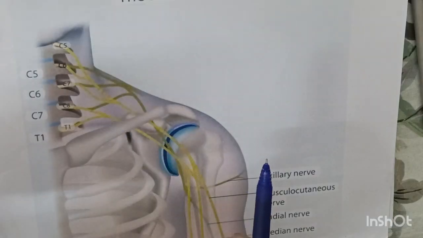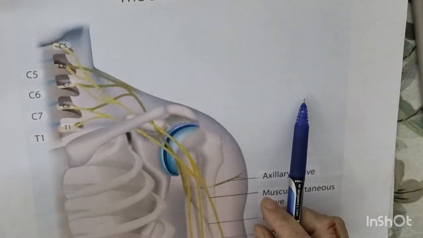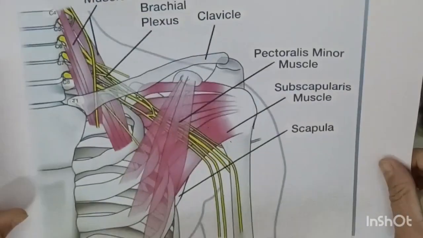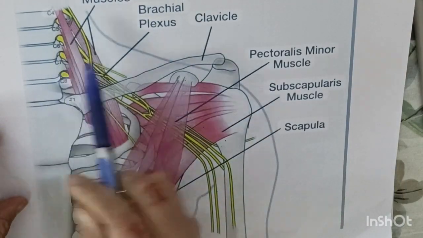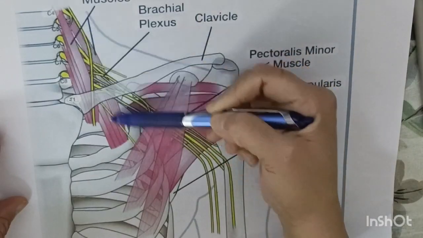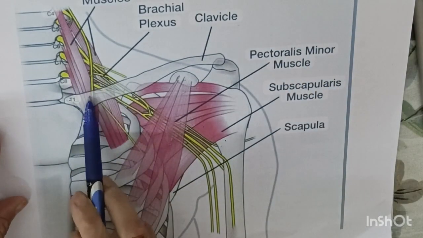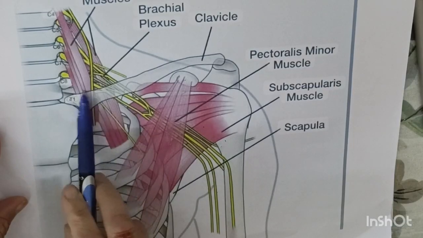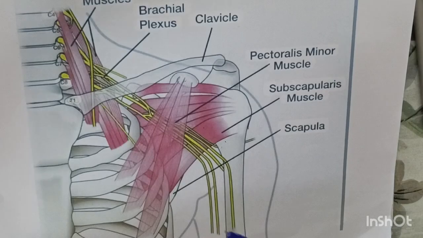The scalene triangle is formed by the scalenus anterior and middle, and the base is formed by the first rib, not the clavicle, because it is behind.